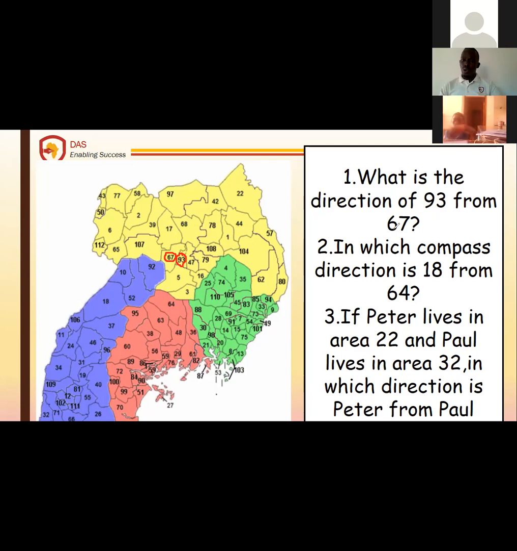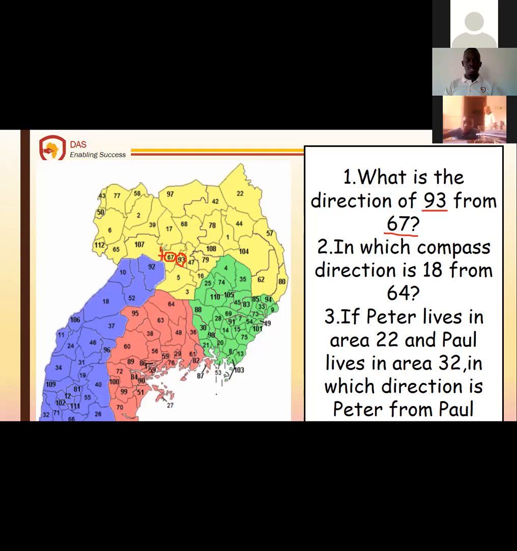This means we are at 67. So when you are at 67, what is the direction of 93? So we shall go to our map. We go to 67, and it is here, I hope everybody can see it. So when you are at 67, which direction do you see 93? I advise that you make there a small compass direction, like this.